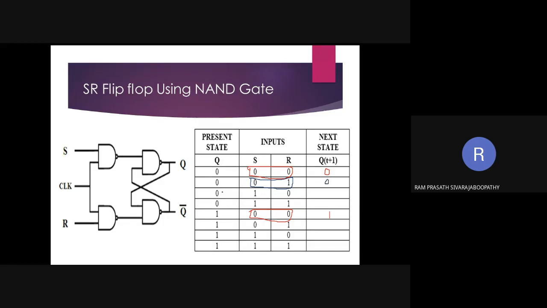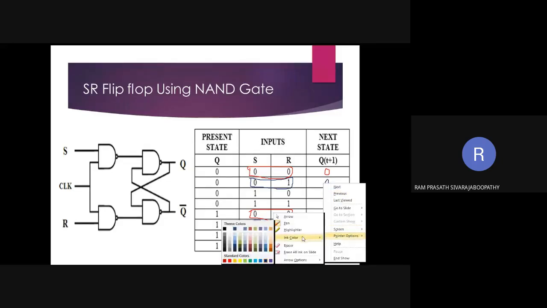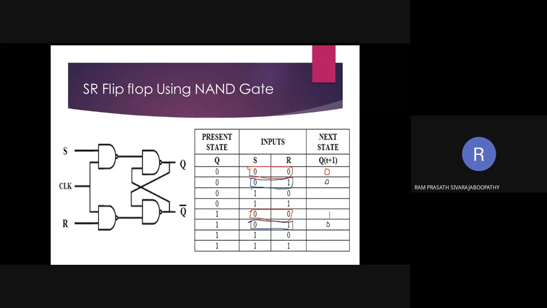Similarly, it won't depend on the present state. So for 0 1, 0 will come. Fine. Next. 1 0 condition. 1 0 means set. Here also 1 0 means set. So in this combination also the present state is not considered.